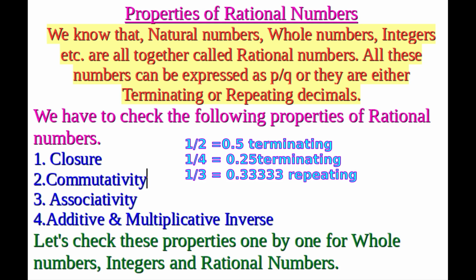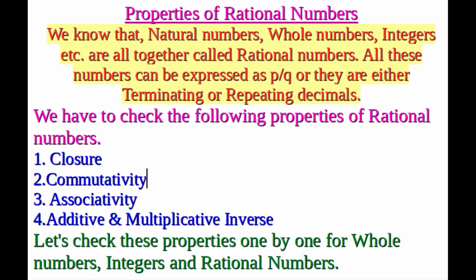Similarly, 1 by 4 we will get 0.25. Then when we consider the fraction 1 by 3, the answer is 0.3333 etc. 3 is repeating. So all the rational numbers we can write in the form p by q. In this chapter, rational numbers, we are going to discuss properties of rational numbers.